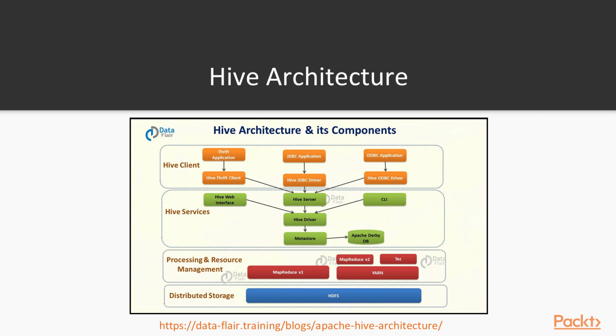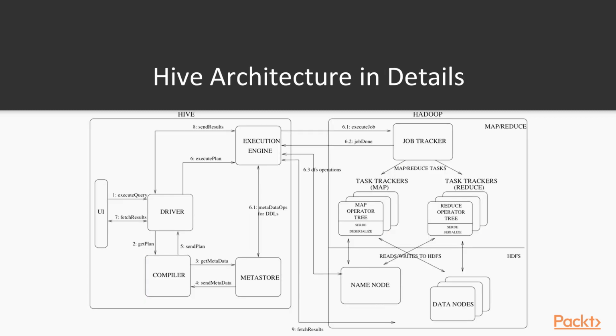And we have multiple user interfaces. So we have a web UI, Hive command line, and so on. We can create new interfaces if we want to. And this is the architecture in detail. On the UI we are executing a query, then the driver is compiling our plan. It gets the data from the Metastore and sends the plan to the driver.